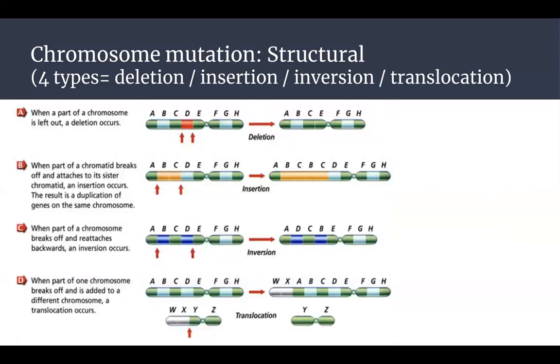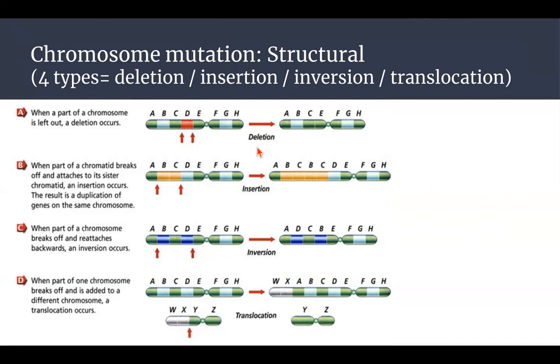Okay, the last one would be chromosomal mutation, but structural. So the previous one we talked about having a different number, so those are numerical chromosomal mutations. Now we're going to talk about a structural chromosomal mutation.